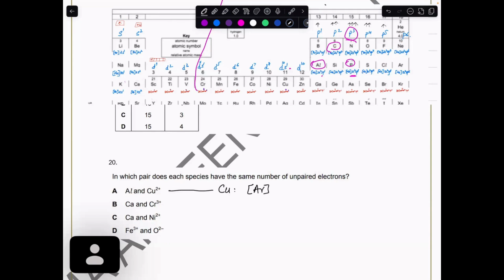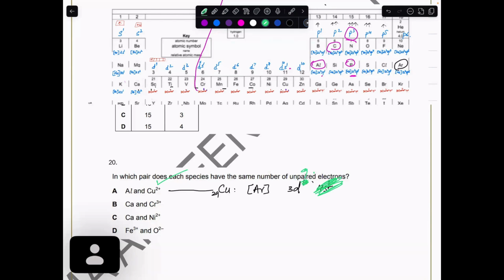Argon, now I'm going for shorthand. After argon, 4s2 and 3d9. But since it's copper, it's 4s1, 3d10. Now to make 2 plus, remove electrons from 4s and then 1 electron from 3d. So what is left? 3d9.